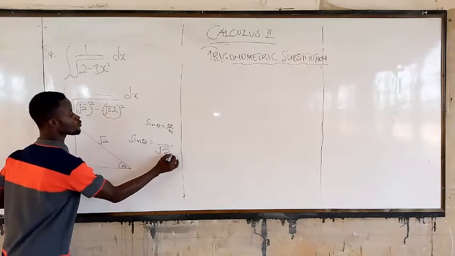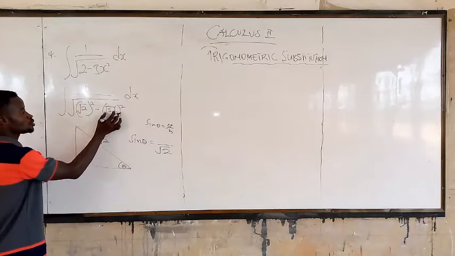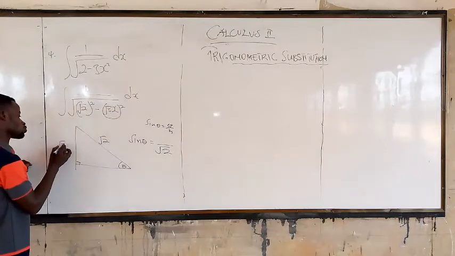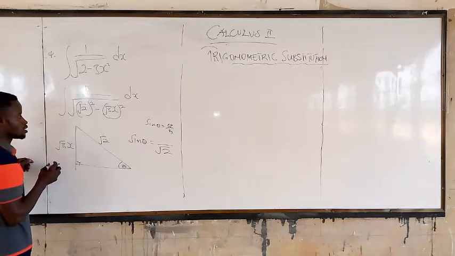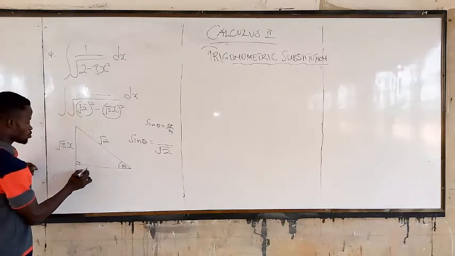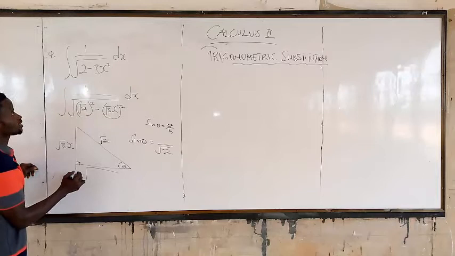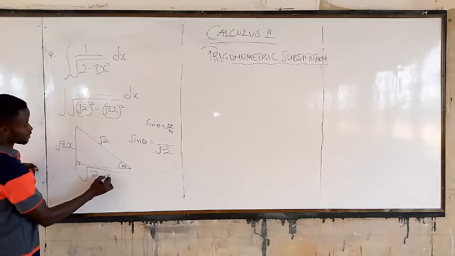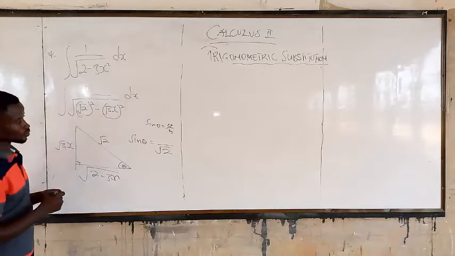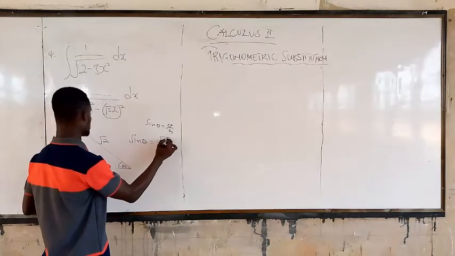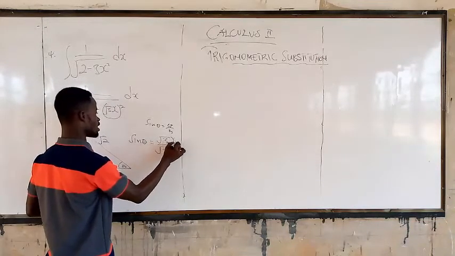Hypotenuse is square root of 2. So the opposite is supposed to be the variable of this, which is square root of 3s. Alright, so here is supposed to be the other side, and that you can write 2 minus 3s squared because this is the same as that.